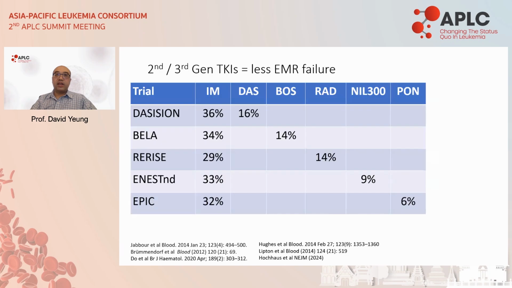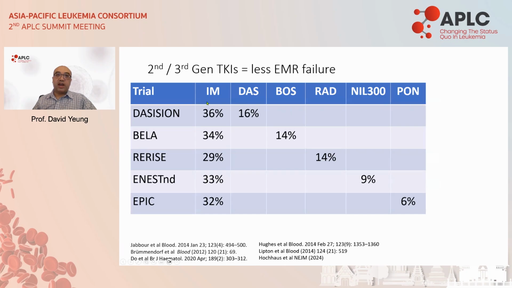So if the early goal is prognostic, then we can have a look at the early molecular response rate, or the flip side, which is failure to achieve early molecular response, and see how the drugs stack up. And this is a summary slide that I've used for a few years now, looking at all the registration trials, which compare imatinib against the second-gen TKIs as well as the third-gen TKI ponatinib.